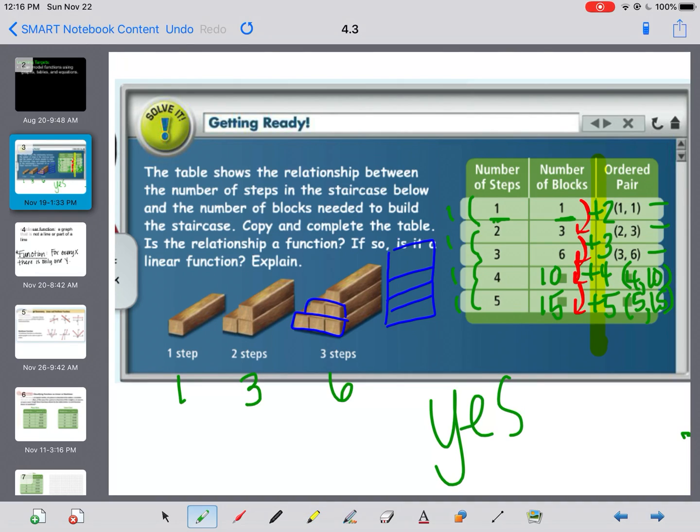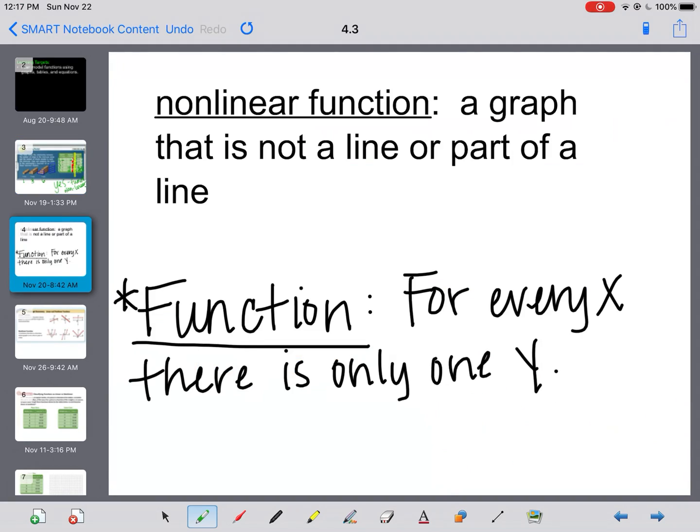I only have one y value for every x value, so yes, it is a function, but because it's not changing by the same amount every time, this is not a linear function. Yes, function, nonlinear.